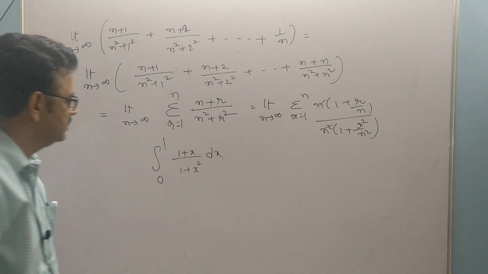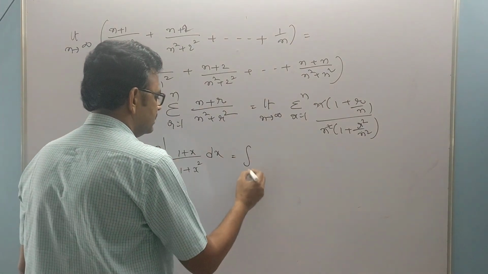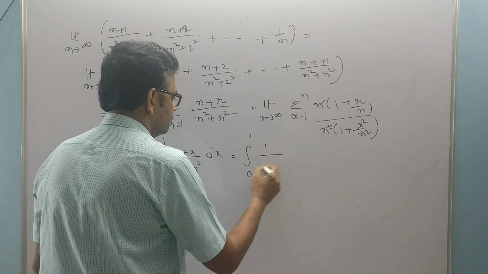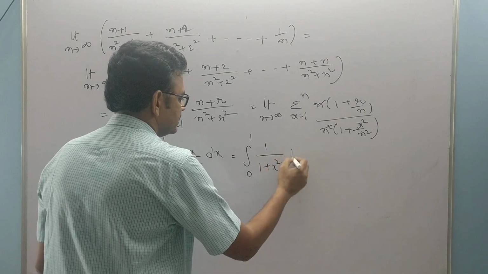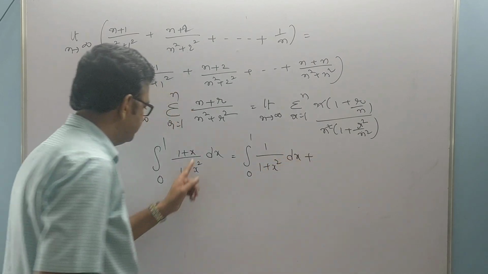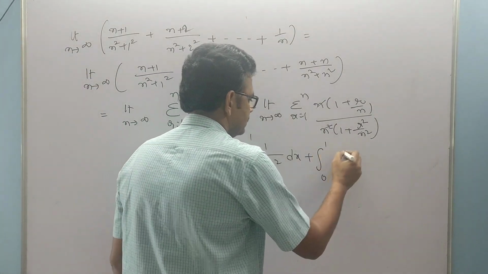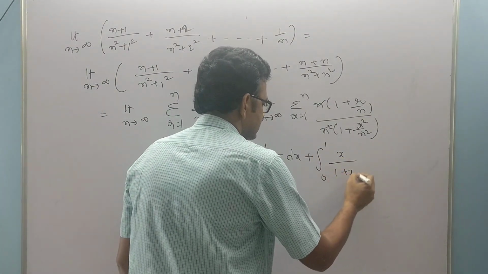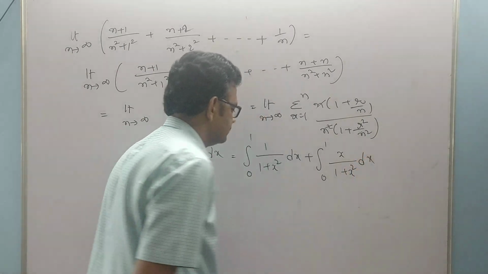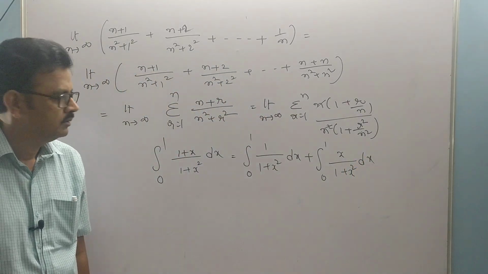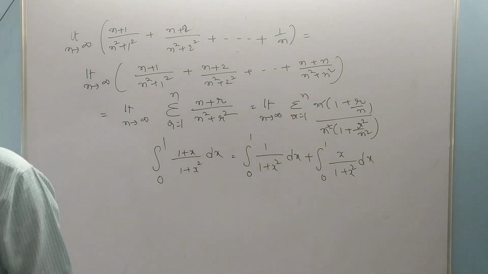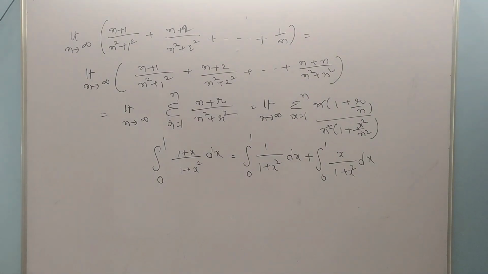Now this is integral 0 to 1, 1 by (1 plus x square) dx plus integral 0 to 1, x by (1 plus x square) dx. Now the first one is direct, tan inverse of x. What about the second one? That is of the form f dash x by f of x.